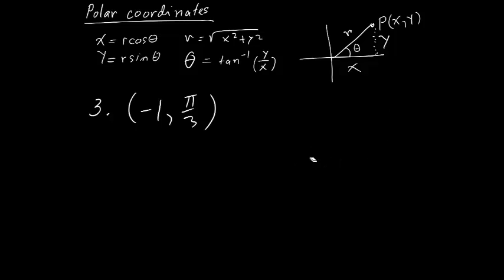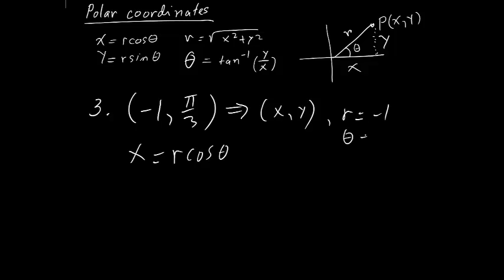So how we get our Cartesian? The same process, you say x equals r cosine theta, and you have r equals negative 1, theta is pi by 3. So we are getting negative 1 cosine pi over 3. You know that cosine pi over 3 is 1/2.